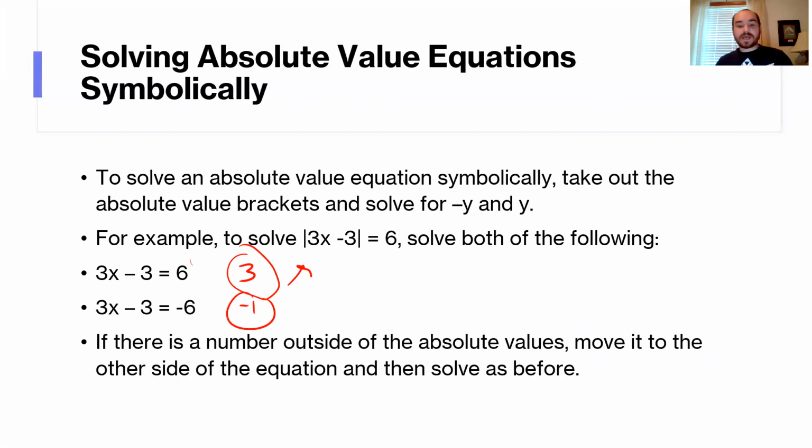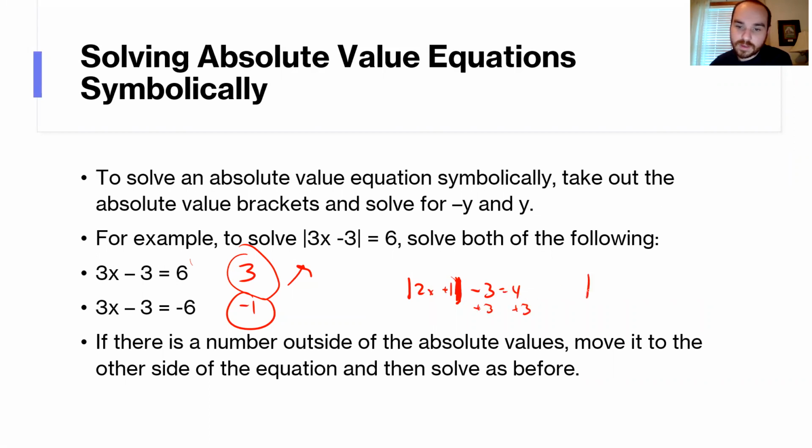If there's a number outside of the absolute value, the easiest way to do it is just move it over to the other side of the equation and then solve the same way we did before. So if you had, let's say, the absolute value of 2x plus 1, minus 3 equals 4, you just add 3 to both sides.